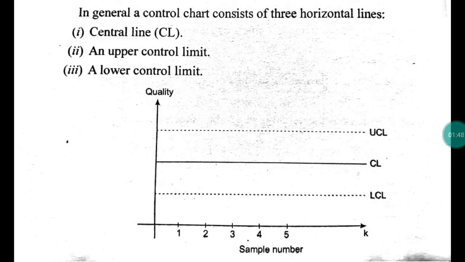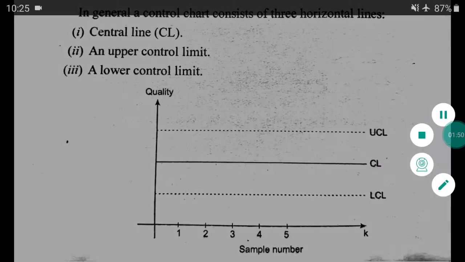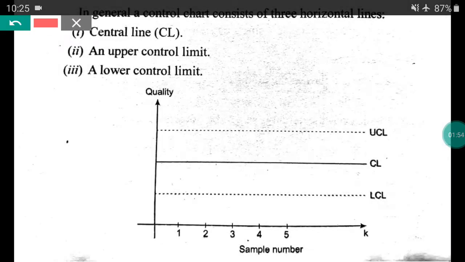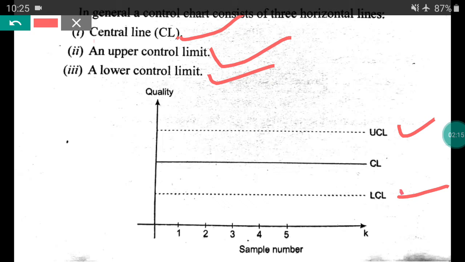Now, what are the limits available in the control chart? We have three limits. One is the central line, another one is the upper control limit, which we call UCL, and another one is the lower control limit, which we call LCL.